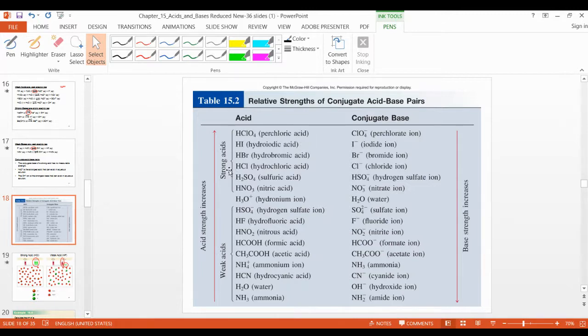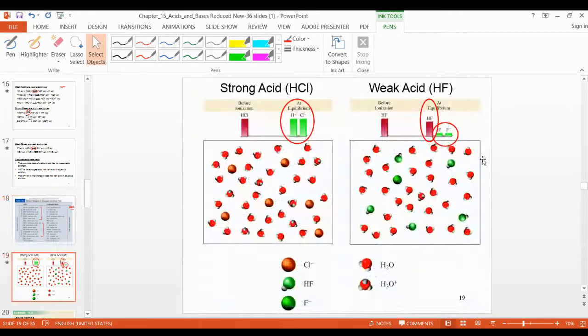And these are weak acids. So look at the conjugate base here: the base strength increases this way. It means this is weak. This is a weak conjugate base.